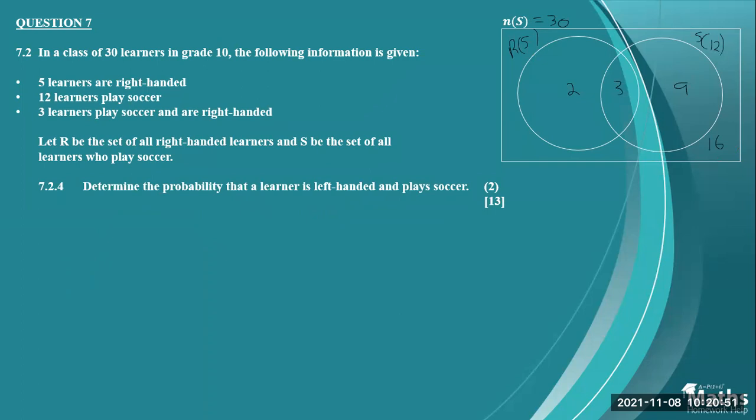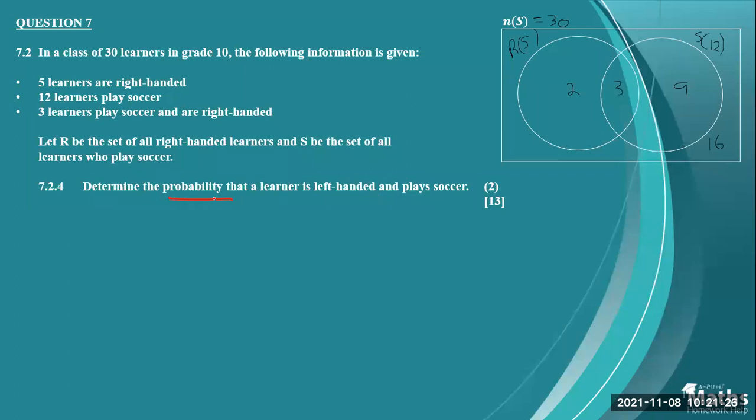Now they ask us, determine the probability that a learner is left-handed and plays soccer. So you understand the difference between the two questions. How many learners are left-handed and do not play soccer? 16. But now they say determine the probability that a learner is left-handed and plays soccer.